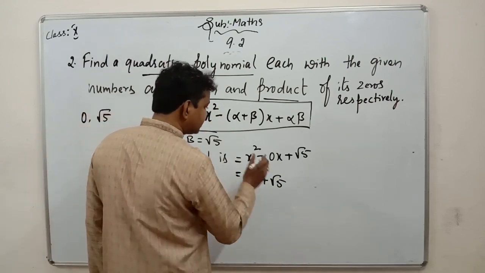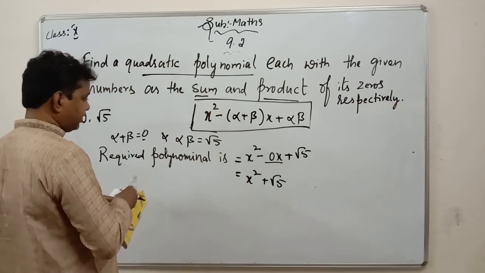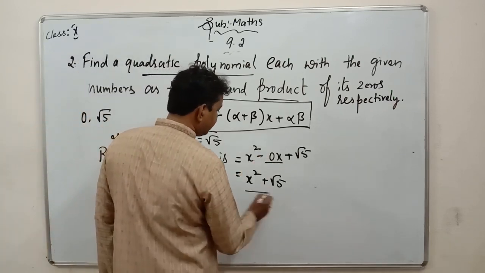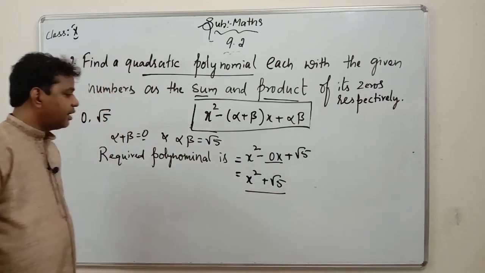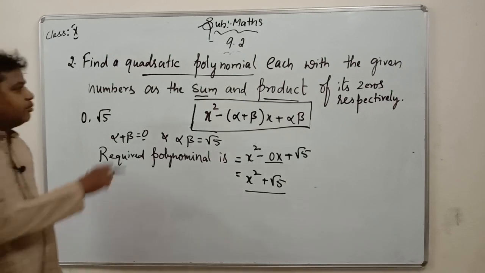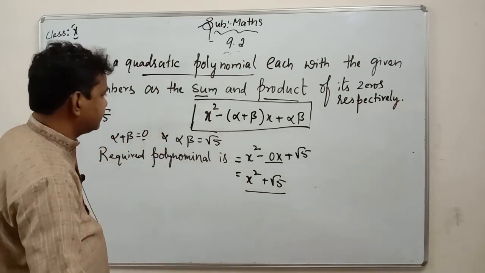You can write minus, because 0 into x will always get 0. 0 into x will always get 0 only. Now the answer or the polynomial is x square plus root 5. So this is how you have to find a quadratic polynomial when he gives both the sum and product of the zeros. Let's see another one.